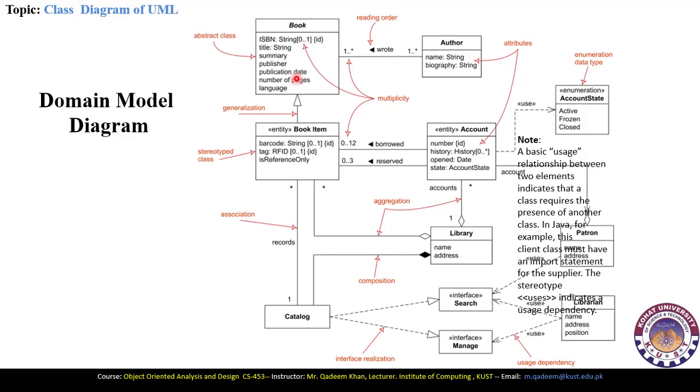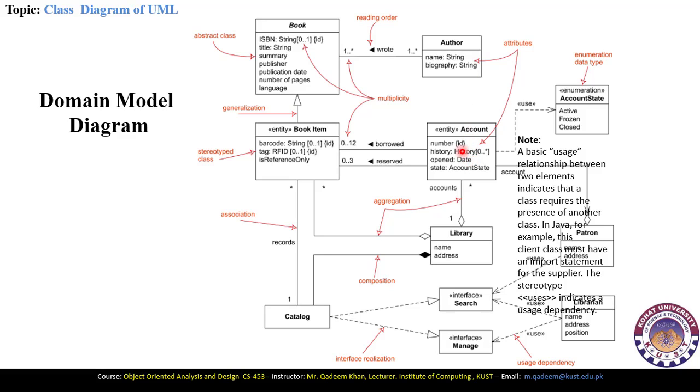You can see that this is the book item class, which is inherited from the book class, and there are no functionalities of both classes here, just attributes. Similarly, this is the author class. You can see only name with the string data type and biography of the string data type are implemented here, but there are no methods here.